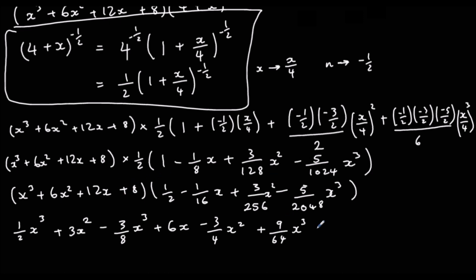So we're on to our 8. 8 times a half is 4. 8 times negative 16th. So negative 8 times the 16th is a half.